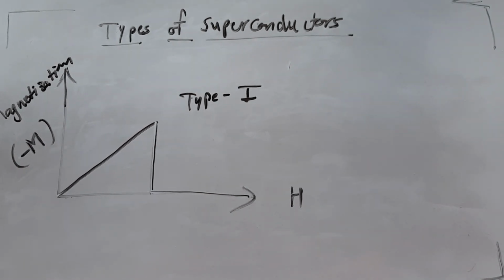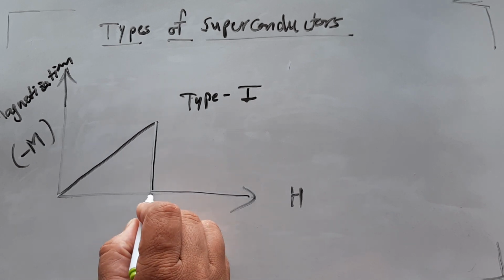The transition from superconducting state to normal state in the presence of a magnetic field occurs sharply at the critical value of Hc.